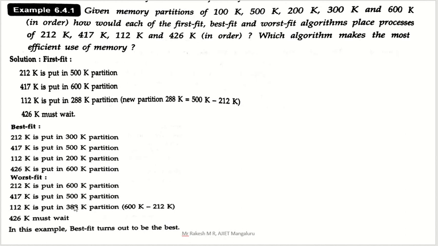How did we get 388? 600 minus 212, the remaining is 388. We put 112 in 388. At that time the last one, 426, must wait.